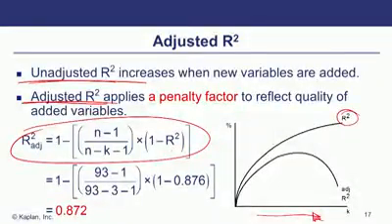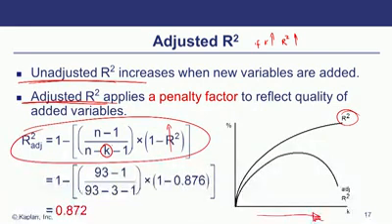Now, this unadjusted R squared will go up as I add new independent variables. So, if k goes up, there is no doubt about it, R squared will go up, regardless of the quality of the added variables. But here comes the trick. The adjusted R squared applies the penalty factor in the form of k here in the denominator.